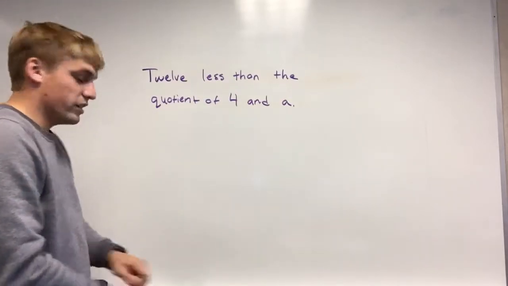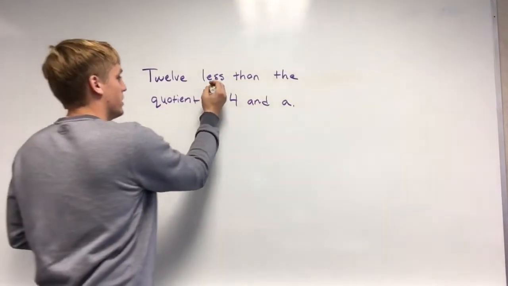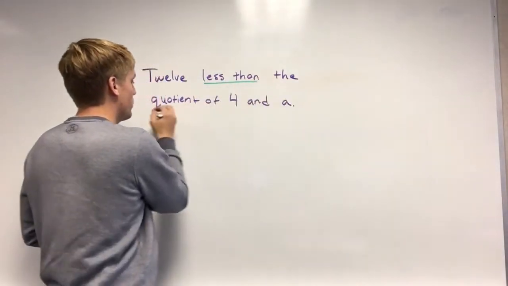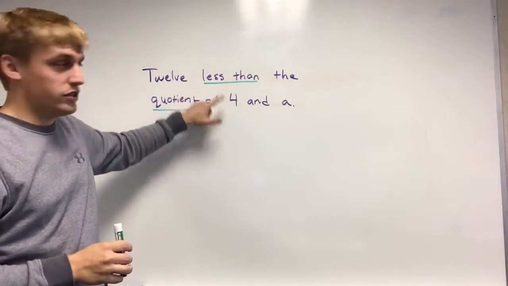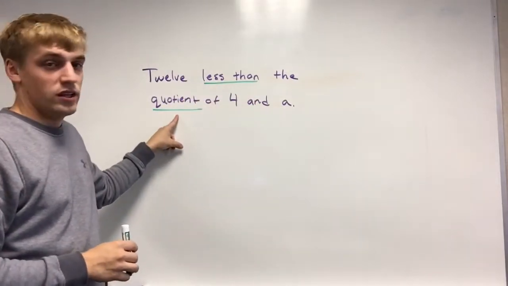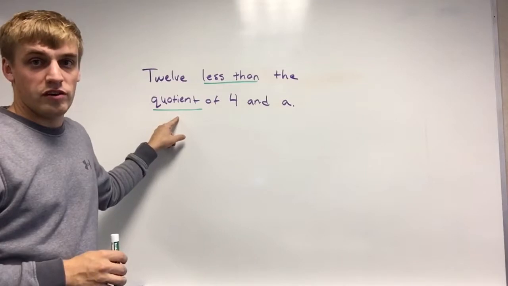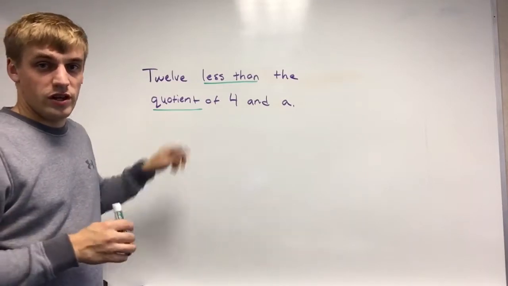Okay, so I'm going to underline the keywords again. Less than and quotient are the keywords. Less than is subtraction, and quotient is division. You can find those words on your chart that you put in your notes.